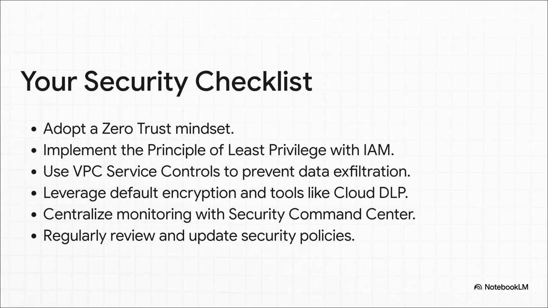Use VPC service controls to stop data from ever leaving your secure perimeter. 4. Take advantage of GCP's default encryption and use tools like Cloud DLP so you actually know what you're protecting. 5. Centralize all your monitoring with Security Command Center. And finally, number 6, remember that security is not a one-time project. It's a continuous process of review and improvement.